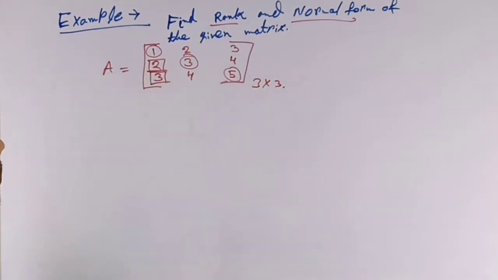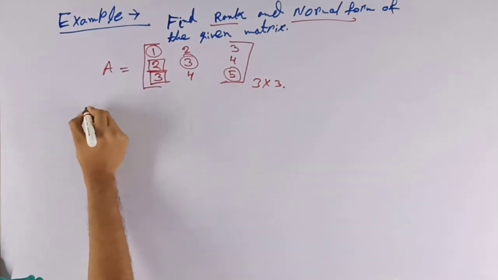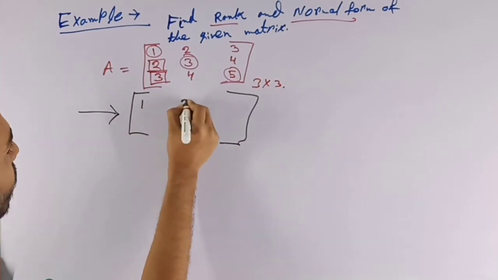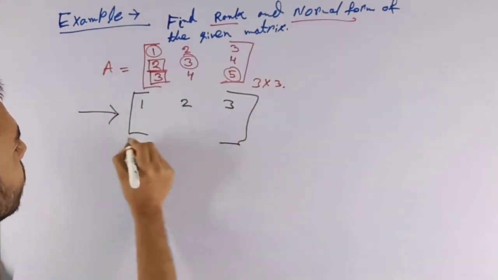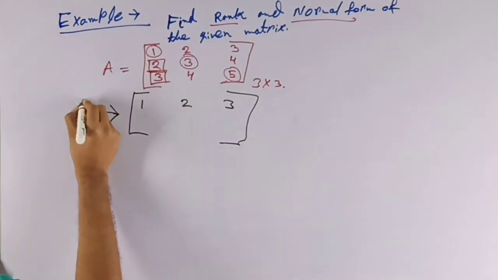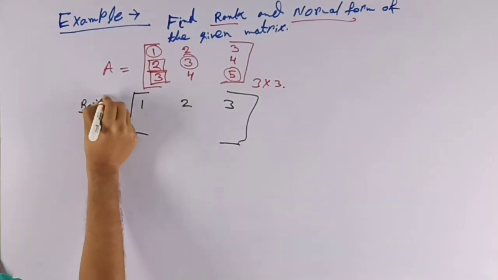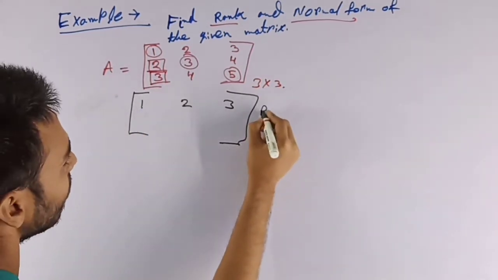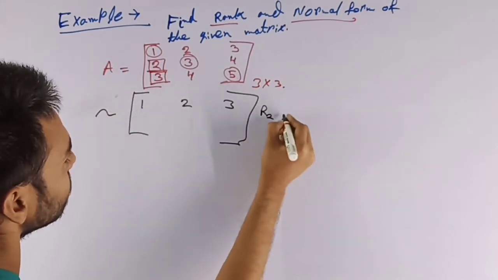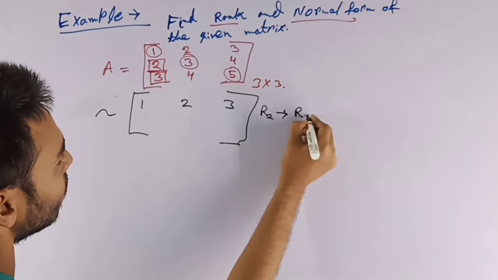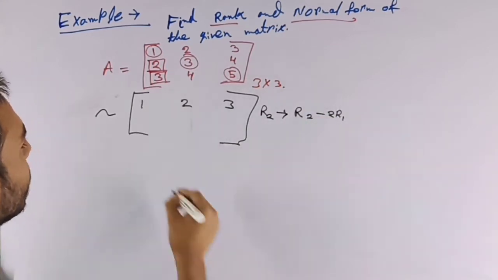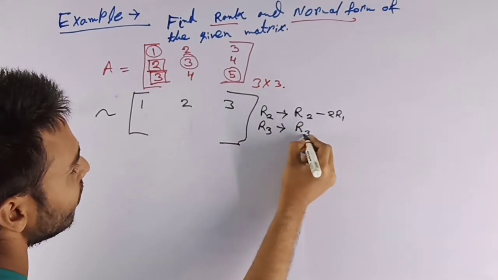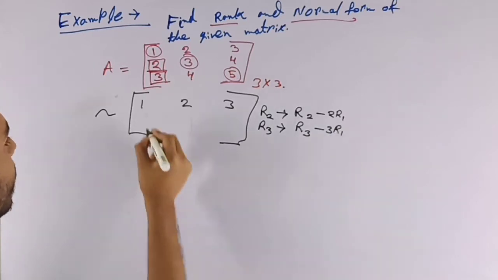So now r2 is interchanged, sorry, I write the right side, so r2 is interchanged by r2 minus 2 times of r1, that's it. And also r3 is interchanged by r3 minus 3 times of r1, that's it.